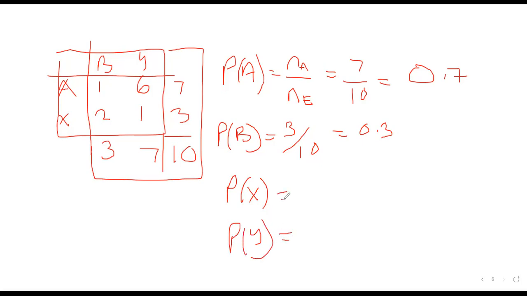The probability of X will be 3 over 10, which is 0.3. And what's the probability of Y? 7 over 10, which is 0.7.